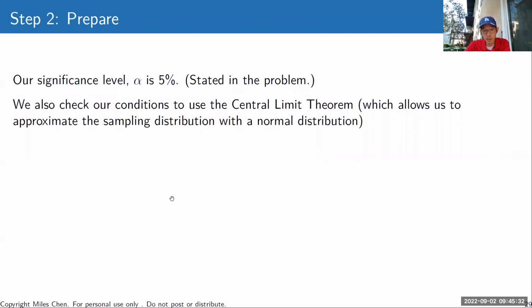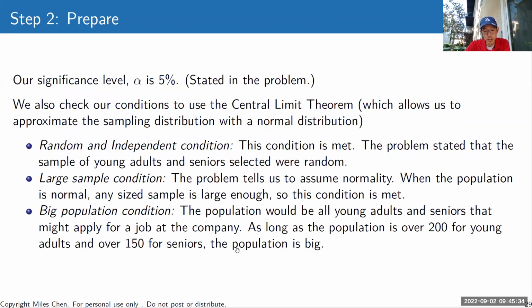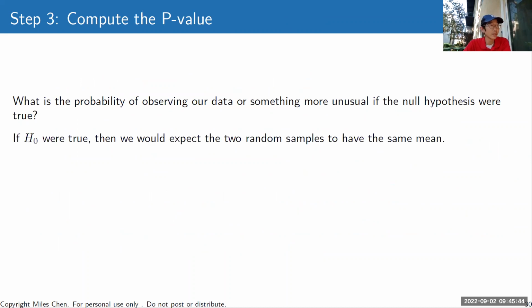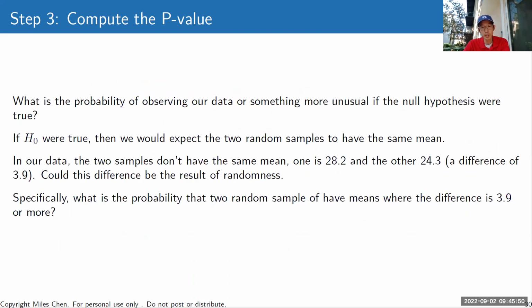Okay, we'll check our conditions. All of these conditions are met, so we'll go ahead and calculate our p-value, using the same formulas for the standard error. We're going to ask, how significant is the difference that we observed? We observed a difference of 3.9. One group has a mean of 28.2 and the other has a mean of 24.3.